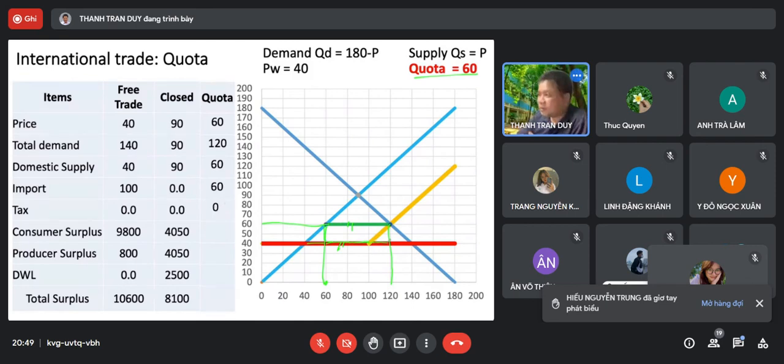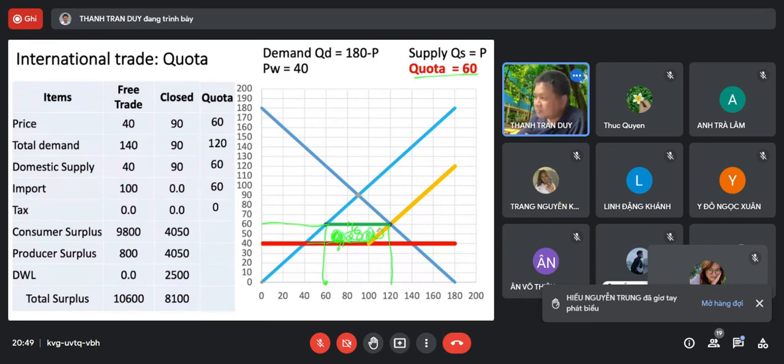Who gets this one? Anyone tell me, who gets these areas? Who gets this area? Are you there? Who gets this area?